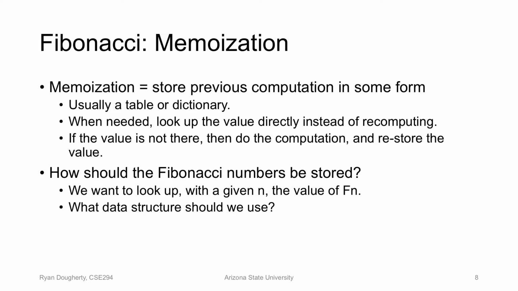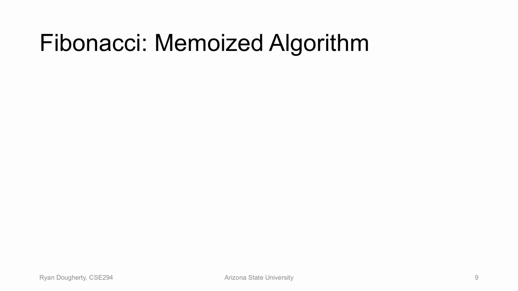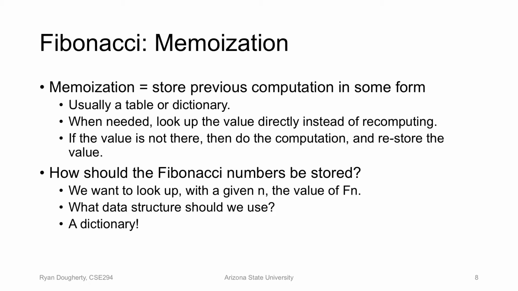I don't think you need it to be that complicated. What's an easy way to relate two values together? Oh, dictionary, right? So a dictionary can do this easily. You can let the key be n and the value be f of n, right? So the key n maps to f of n. A dictionary is an easy way, although there are other ways you can do this.